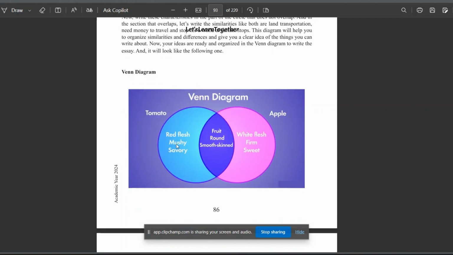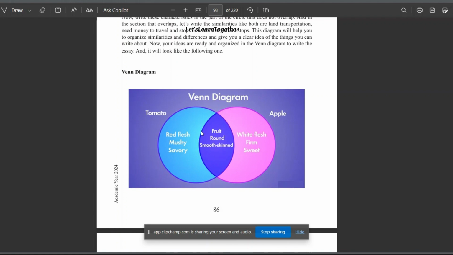Venn diagram, if you don't know what a Venn diagram is, then let me tell you that it is a sort of diagram where it's easy to demonstrate the differences and similarities of two subjects. For example, here the two subjects are tomato and apple, right? So you will make two circles for tomato and apple, and both these circles will overlap in one point.